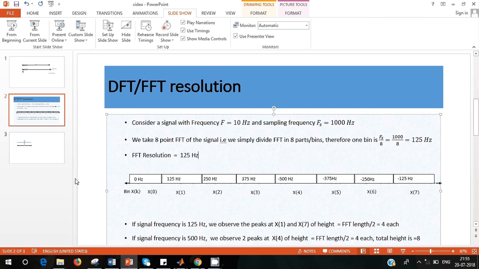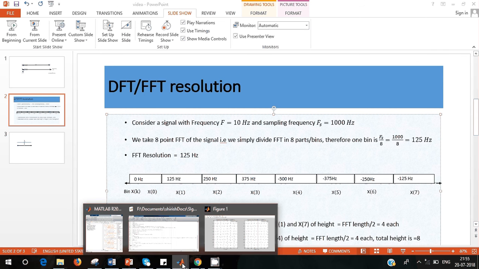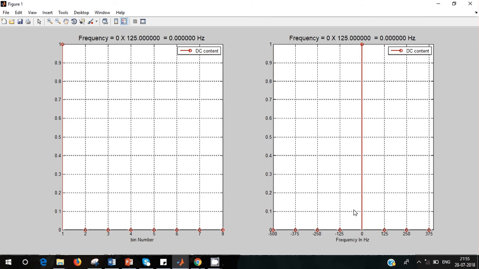MATLAB does this for us if you're using the function called fftshift. If you just say fftshift, it will move these values to the left side so that it will be properly visible and understood. You can see this bin is higher, which means you have a DC signal of amplitude 1 volt, and you are getting the peak at 0 hertz, which is of value 1.